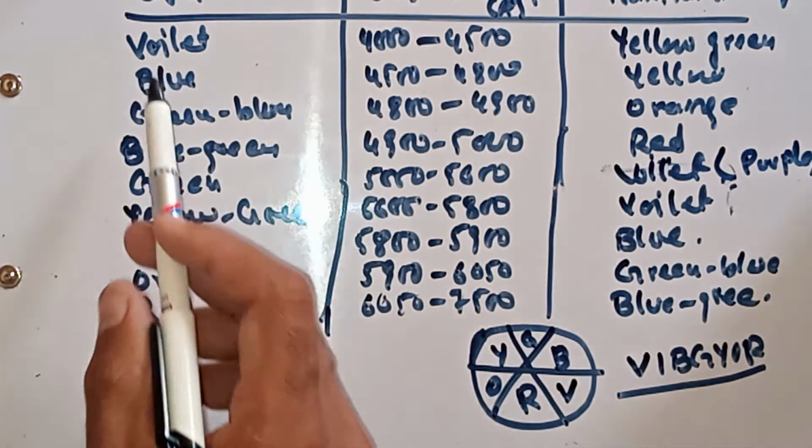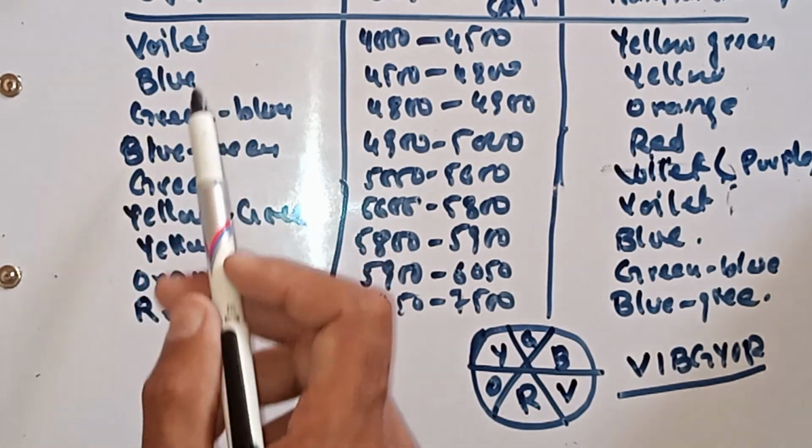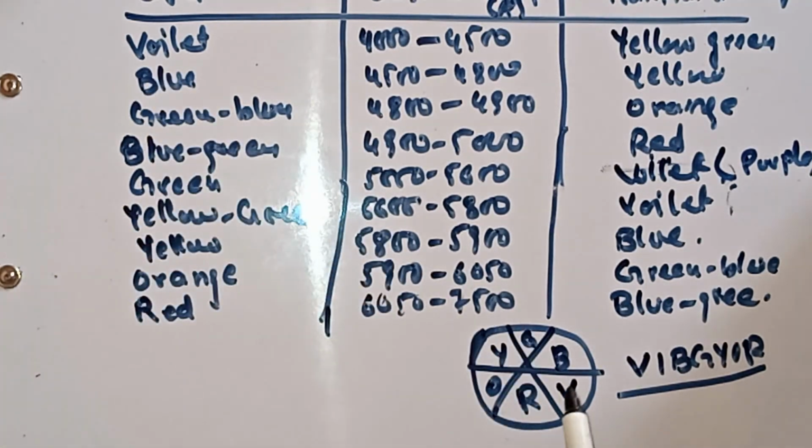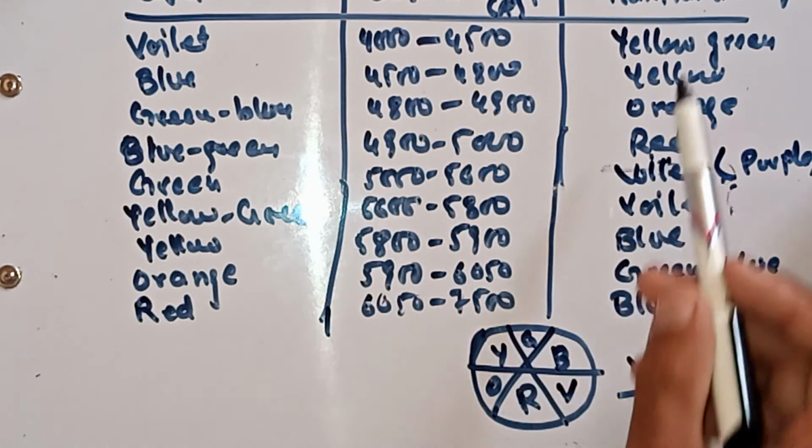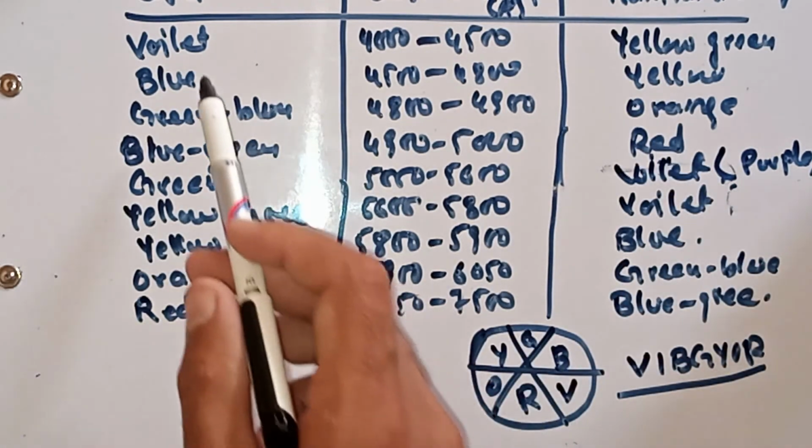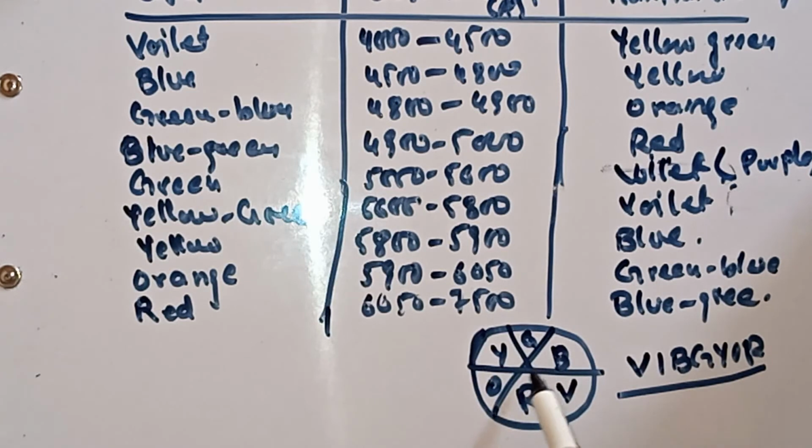When any complex absorbs violet light, its complementary color will be near to yellow, so it will be yellow green. When the complex absorbs blue light, its complementary color will be yellow, near to orange.